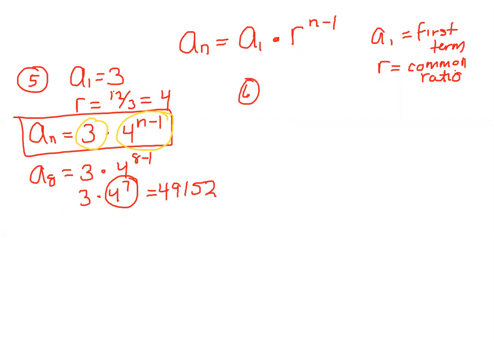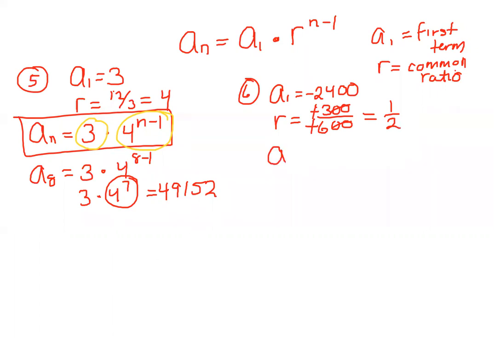Let's look at number 6. a_1 equals negative 2,400, and for r I'm going to take some of the numbers down again, picking negative 300 and negative 600 because those are smaller numbers than negative 1,200 and negative 2,400. But it doesn't matter which ones you do. Those cancel, these cancel, and you get 1/2.